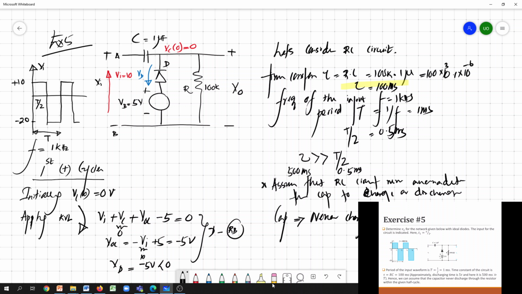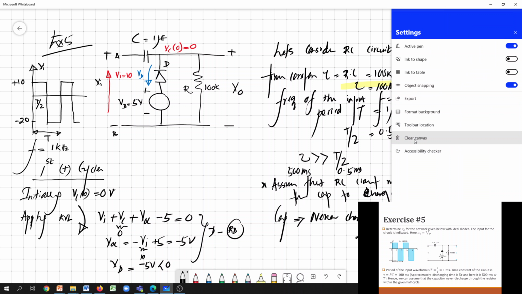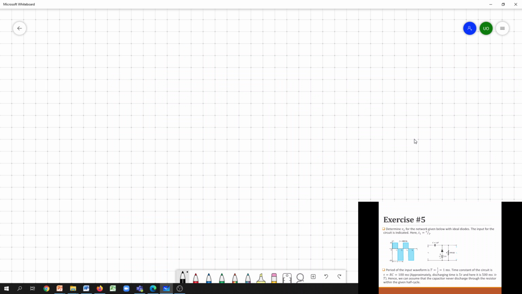So throughout the question, we assume that the circuit never allows the capacitor to charge or discharge. Whatever voltage appears across the capacitor remains as it is. This is the conclusion we made from the numerical values.